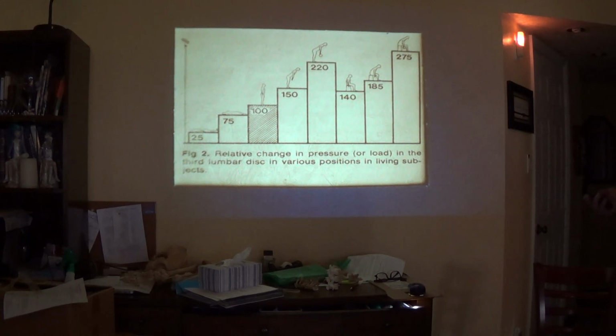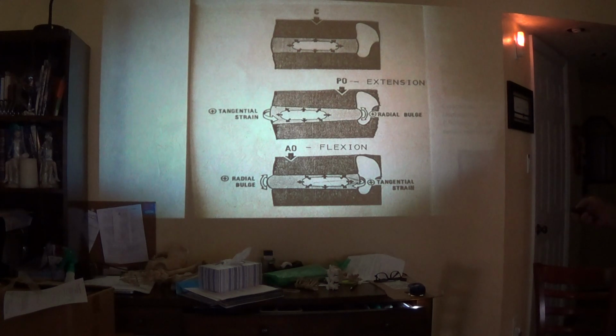And again, what we're talking about is this pressure in here. As you get a centralized load here, you have pressure going in all directions in this, and that's what we're talking about. They studied how much pressure there was in here during different postures.